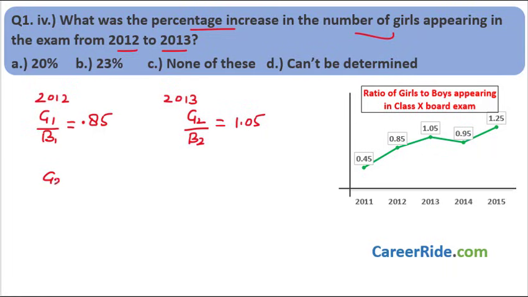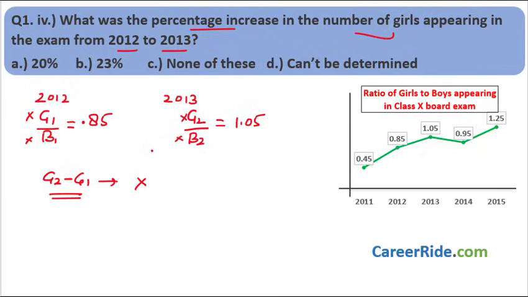Now for me to be able to find the increase in the number of girls, I should be able to find G2 minus G1, right? But if I look at the question, I see that G1 is not given to me, B1 is not given to me, G2 is not given to me, B2 is not given to me. So there is no way that I can find the number of girls for each of these years, which means I cannot find this difference. If I am not able to find this difference, I cannot find the percentage rise, right?